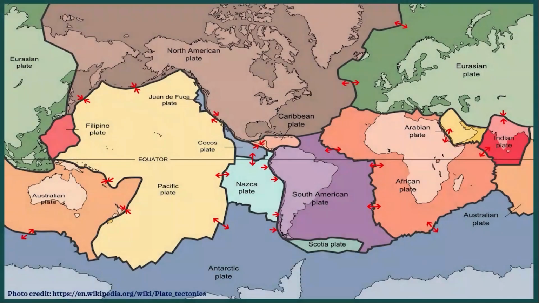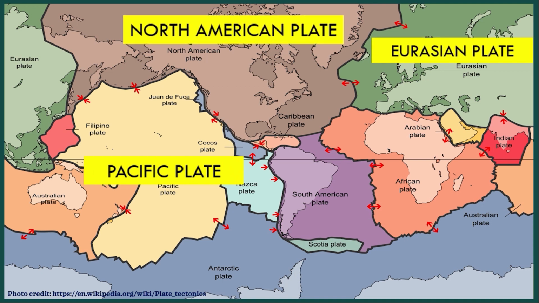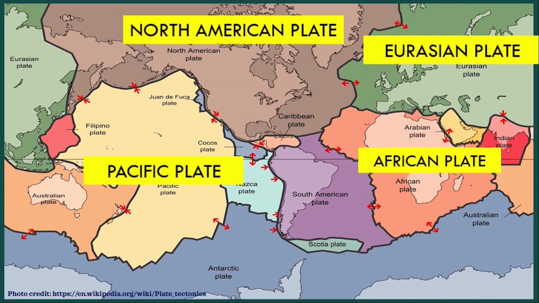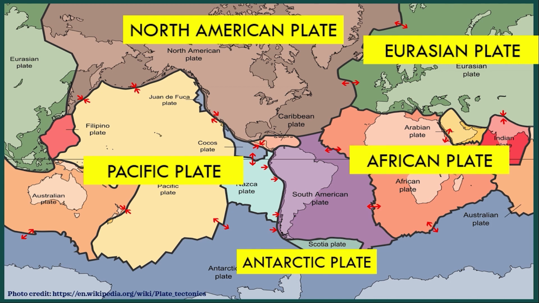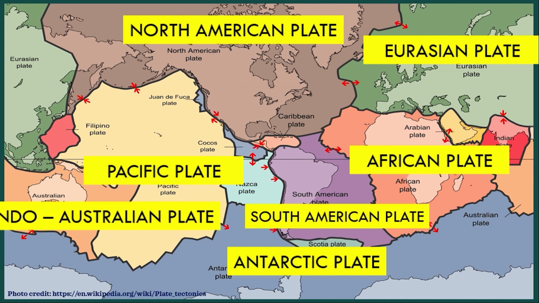Now that we know the different types of plate boundaries, let us analyze which type exists among the major and minor lithospheric plates. Let us recall the major and minor lithospheric plates. Our major lithospheric plates are Pacific Plate, North American Plate, Eurasian Plate, African Plate, Antarctic Plate, Indo-Australian Plate, and South American Plate.